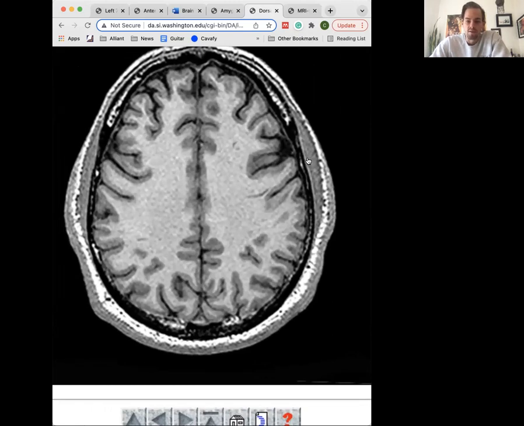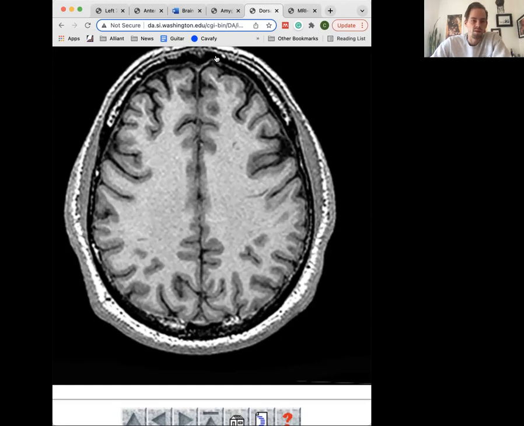And then there's the arachnoid membrane, which is the middle layer. And below that is the pia mater, which is a layer that clings to the surface of the brain, and that's very thin and delicate. But between the pia mater and the arachnoid membrane is the subarachnoid space.